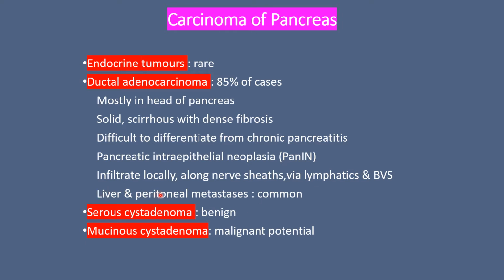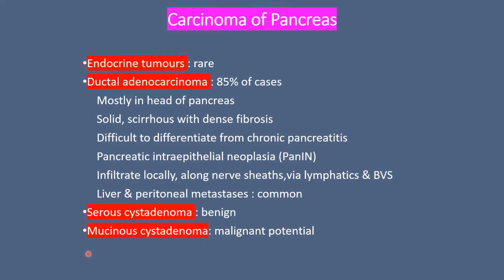These tumors infiltrate locally along the nerve sheaths, lymphatics and blood vessels. And they are also prone to produce liver and peritoneal metastases, which are rather common complications of this tumor.